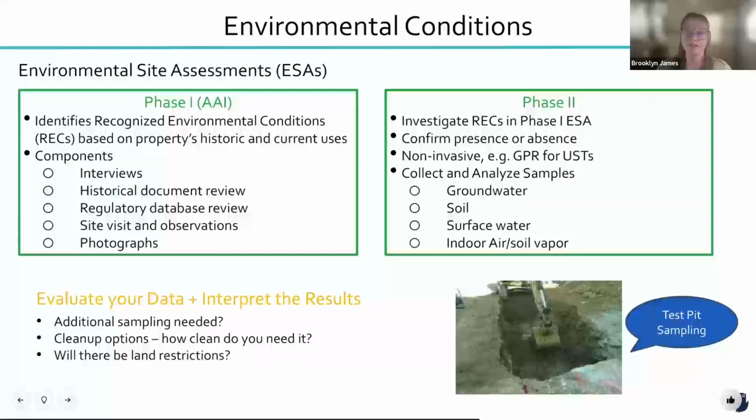And will there need to be any land restrictions put in place? It's very important to clearly define the extent of the contamination during this step because it's going to be the foundation for developing your cleanup plan to address that contamination and for informing the community about the restrictions at the site and to advise the reuse visioning of the site. Next slide.